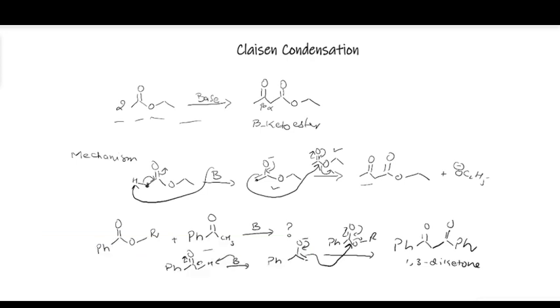But condensation may occur within a molecule if we have two ester groups at two ends of a chain, for example. In that case, an intramolecular condensation reaction takes place, which is known as the Dieckmann condensation reaction, which we will discuss later on in another video.